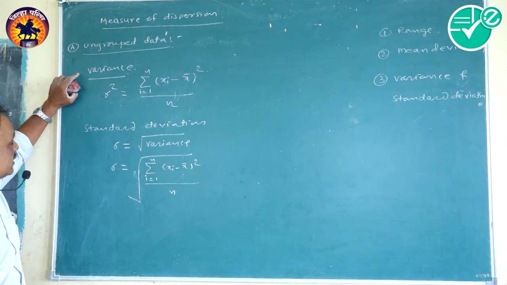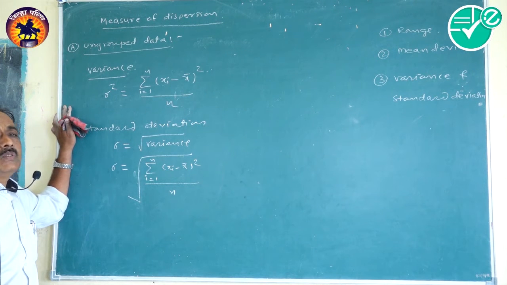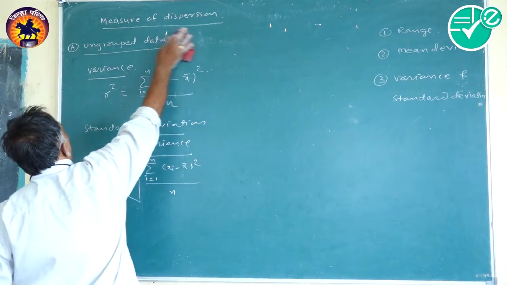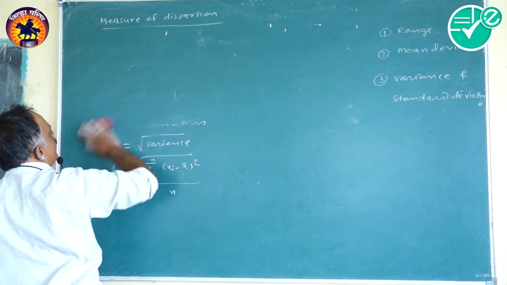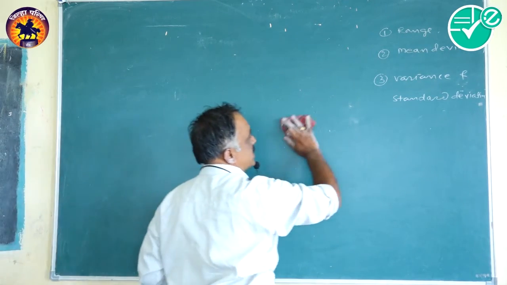Now we have to study the same thing, variance and standard deviation, but if the data is given to you in the form of frequencies. That is, we have to discuss how to find variance and standard deviation for grouped data.